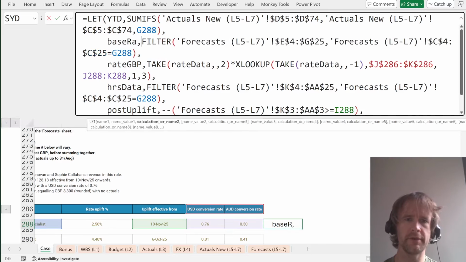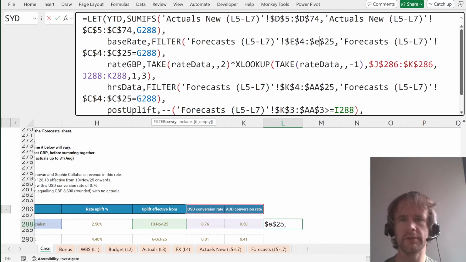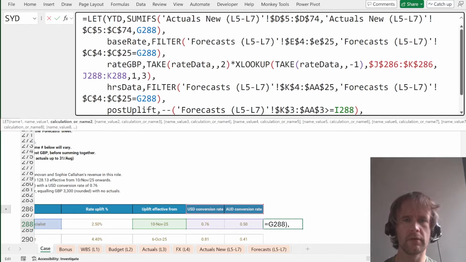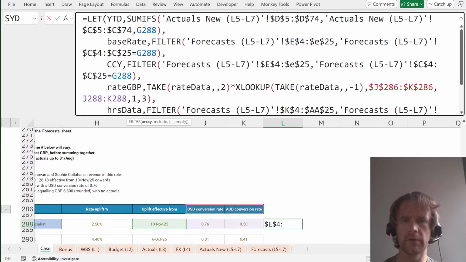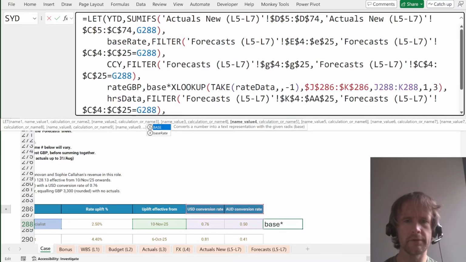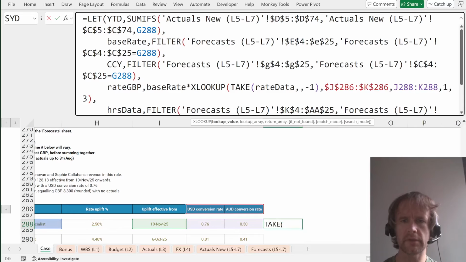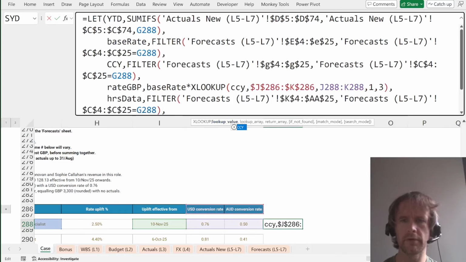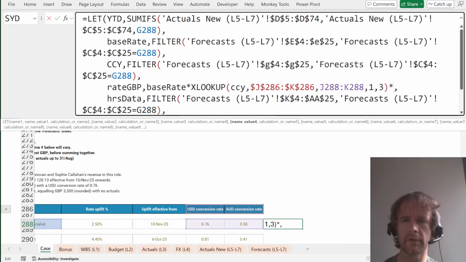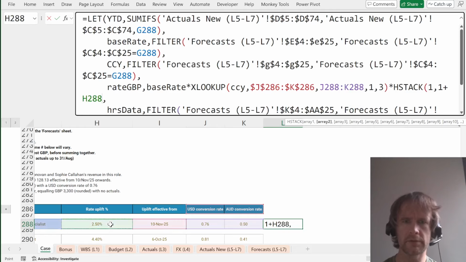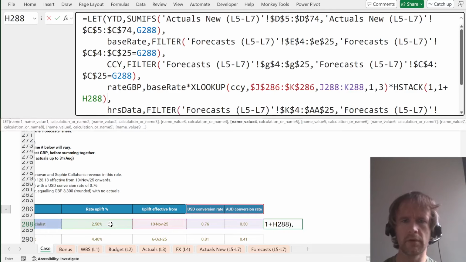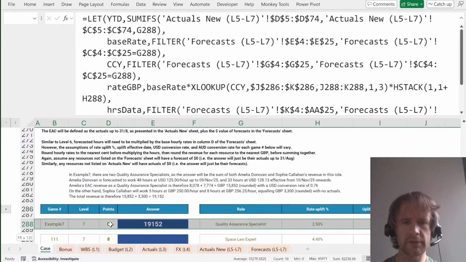Just call this base rate, and just take the first column, which is E. Then the currency will be filter column G. Then the rate in GBP will be the base rate times XLOOKUP, the currency in that, times, I guess, H stack 1 plus this rate uplift. But that doesn't explain what's going wrong with the rest.